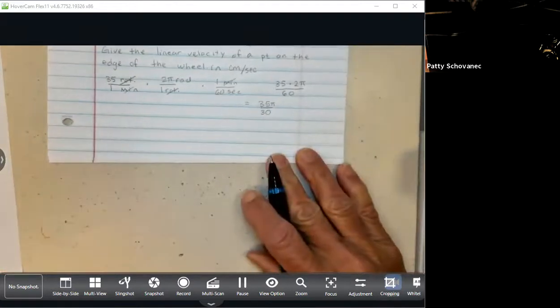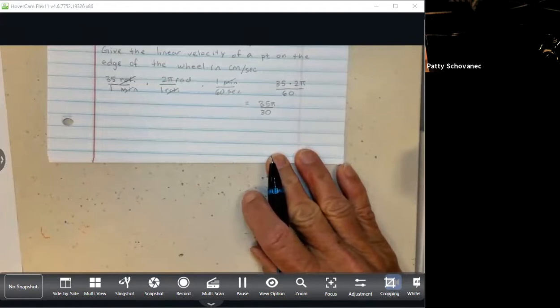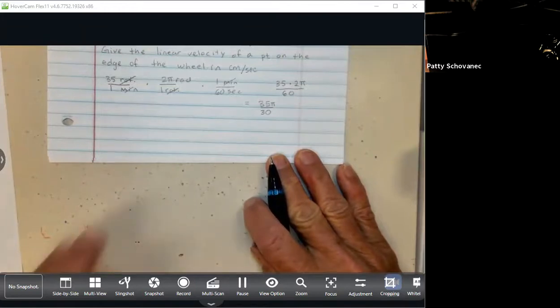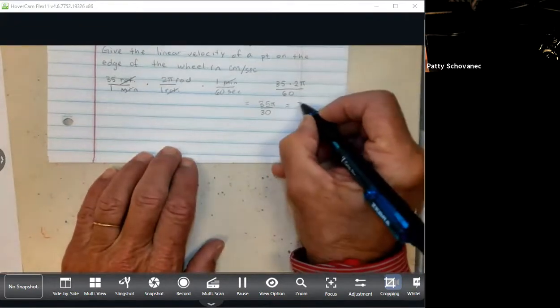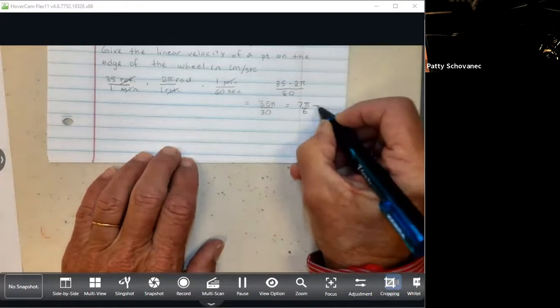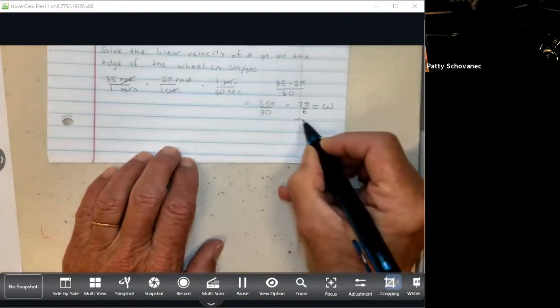And then both 35 and 30 are multiples of 5. So how about 7 pi over 6? Does that sound good? And that's our angular velocity.